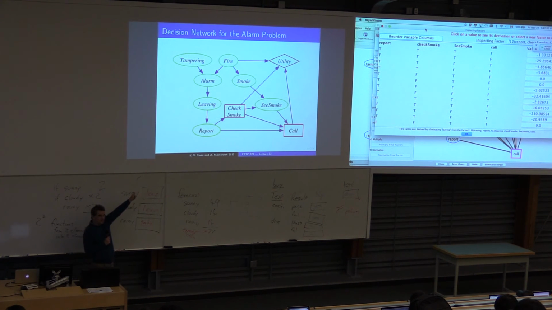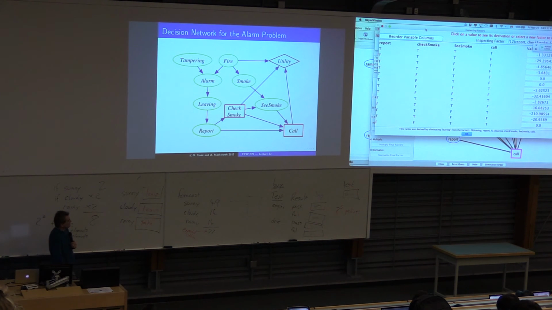Report. So it's not just in a factor with a subset of its parents, because there's other junk in there: see smoke and call. It doesn't know what to do because it doesn't know the value of see smoke and call. So we can't do the same thing for check smoke.